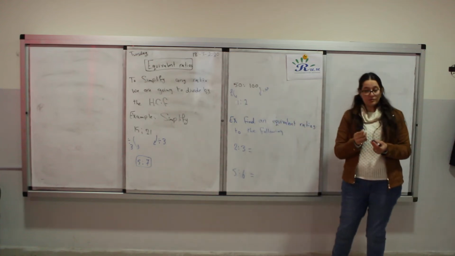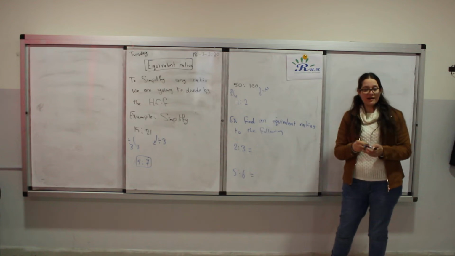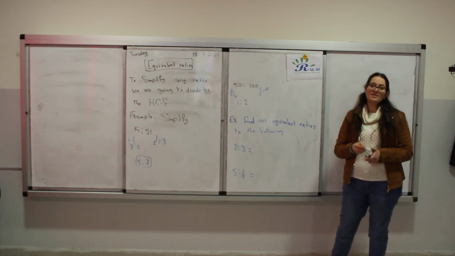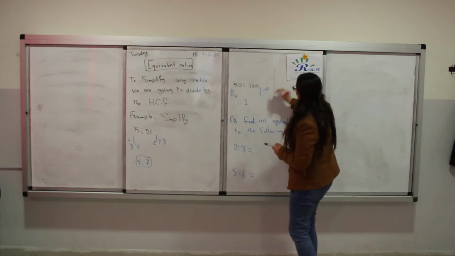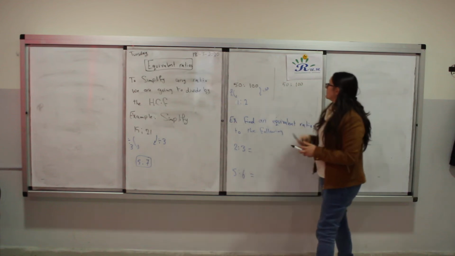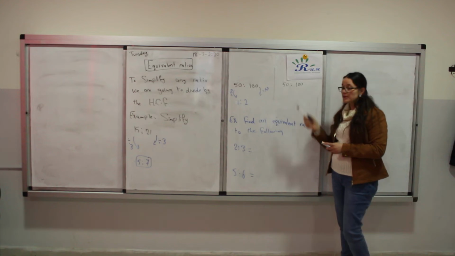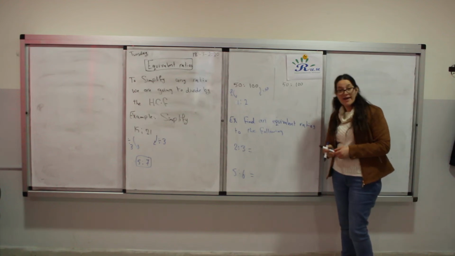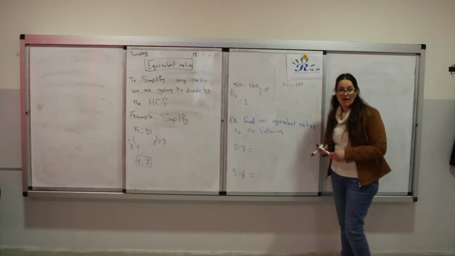What if you used a factor but not the highest common factor? 50 to 100. If you take a look at these two numbers, you can find many factors: 5, 10, 25.